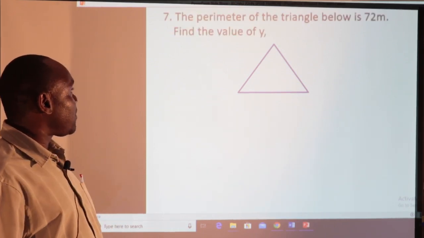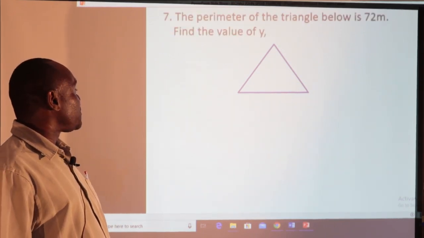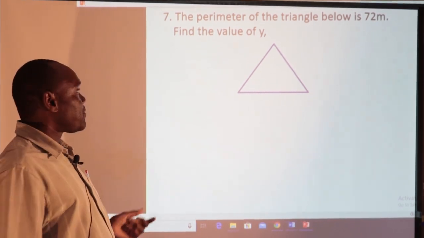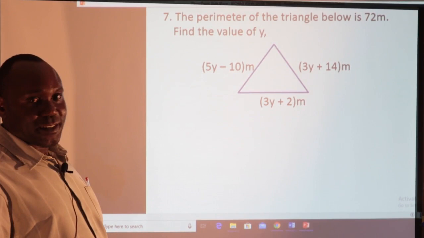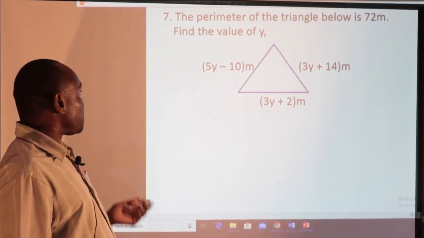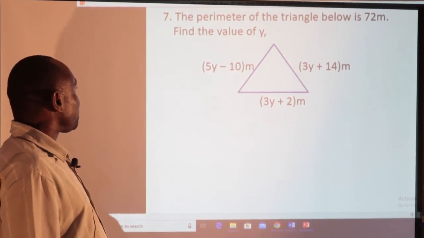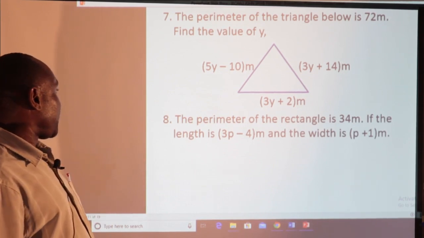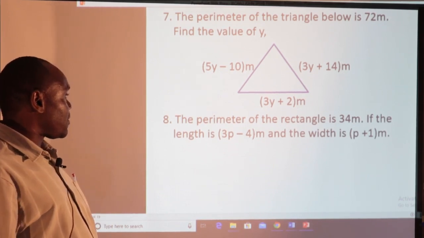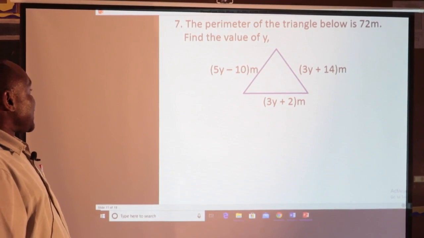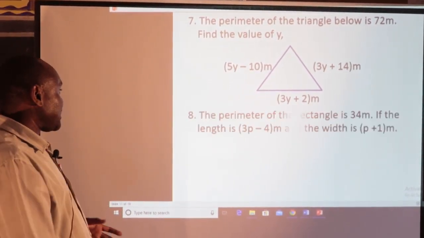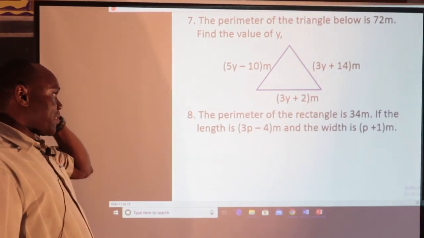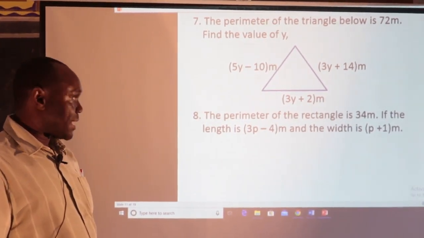We have the perimeter of the triangle below is 72 meters. Find the value of y. So that is our triangle. I will at least try to give you all the necessary. Question 8, the perimeter of the rectangle is 34 meters.